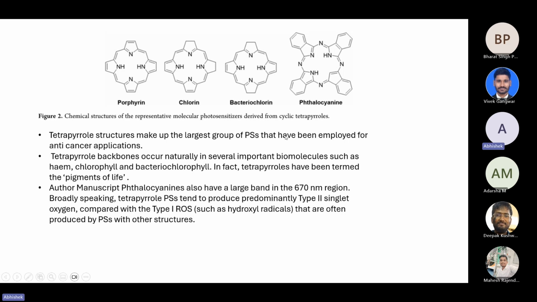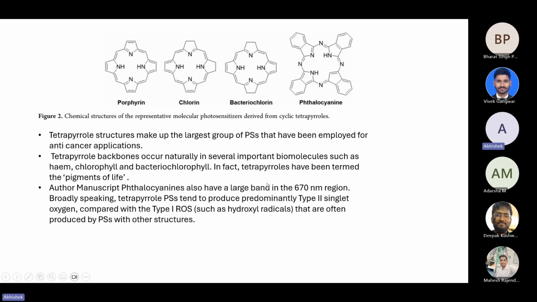As we have seen, most of the photosensitizers are derived from tetrapyrroles, like porphyrin, chlorin, bacteriochlorin, and phthalocyanine. Tetrapyrrole structures make up the largest group of photosensitizers that have been employed for anti-cancer applications. The tetrapyrrole backbone occurs naturally in several important biomolecules such as heme, chlorophyll, and bacteriochlorophyll, and in fact, tetrapyrroles have been termed the pigments of life.